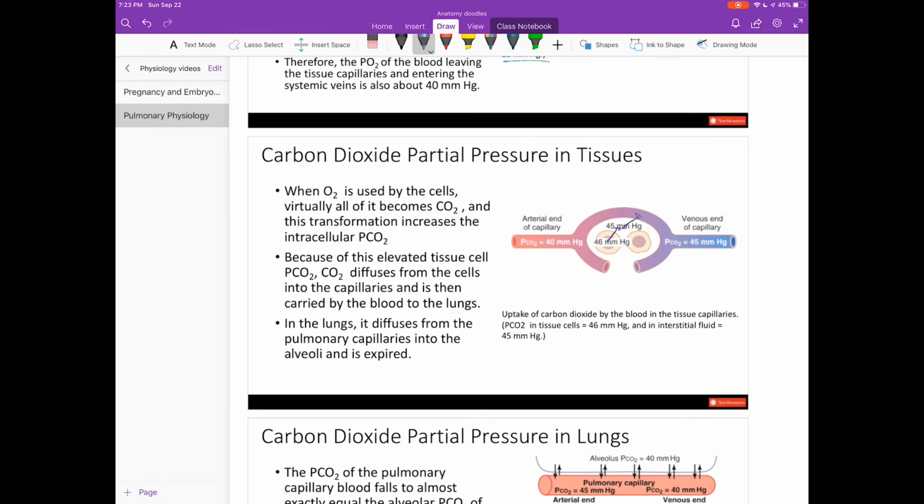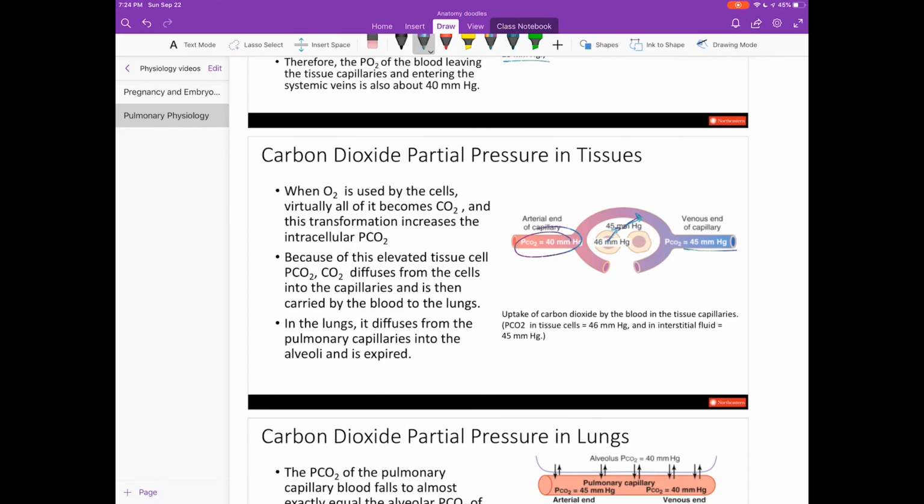So the entering partial pressure of carbon dioxide is at 40 millimeters. We're still going down a diffusion gradient, 46 to 45 to 40, and it will equalize at 45 millimeters.